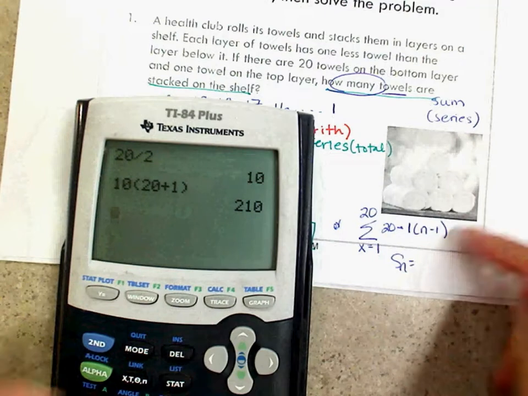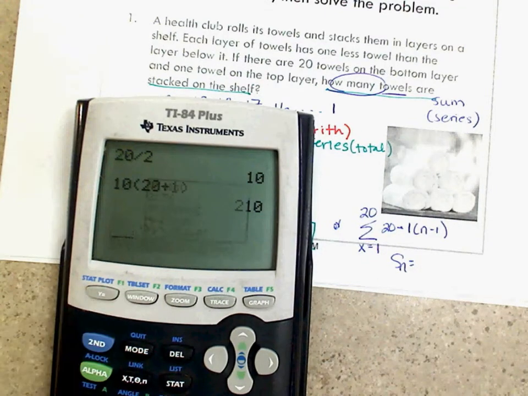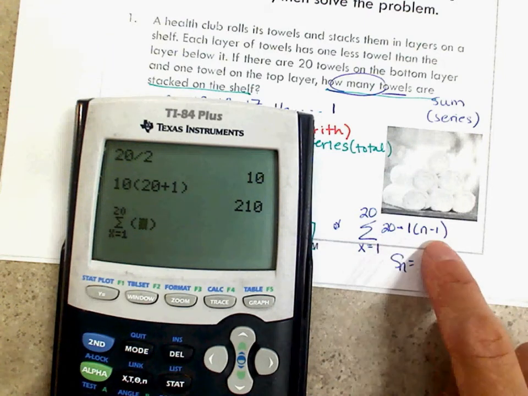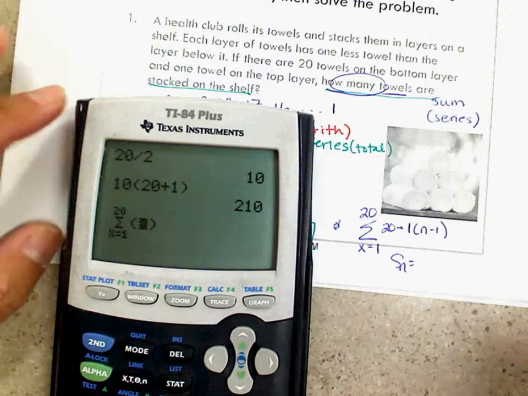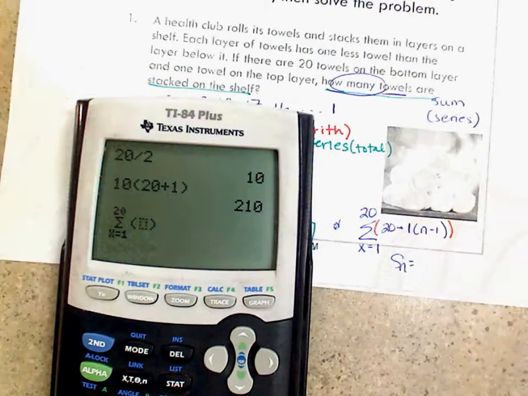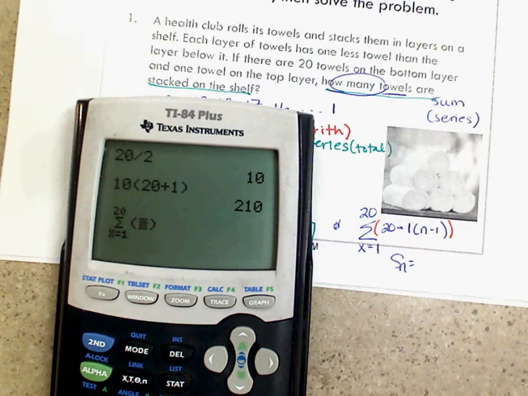All right, alpha window number 2, x1. There are 20 layers. Now type everything you see in here inside that parentheses. And if you need to add the extra parentheses to show what the calculator gave you, that's fine. 20 minus 1, not negative, x minus 1 in parentheses.